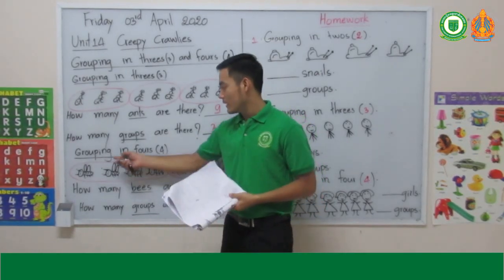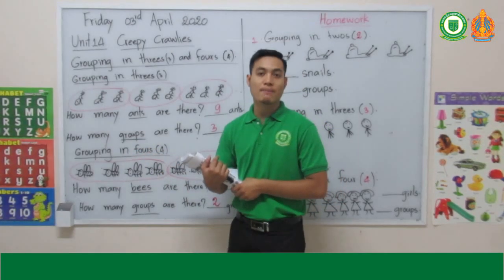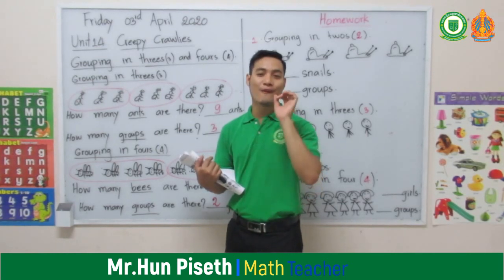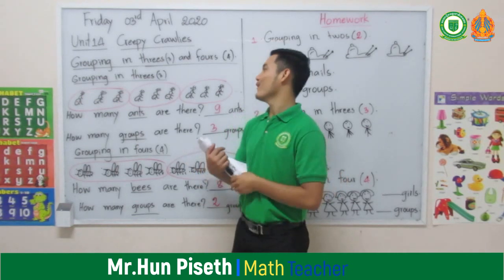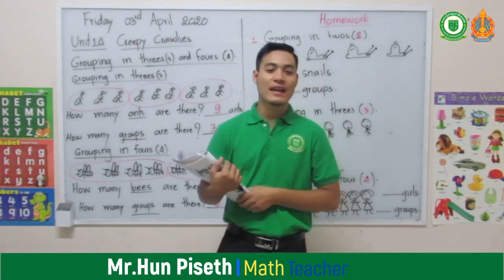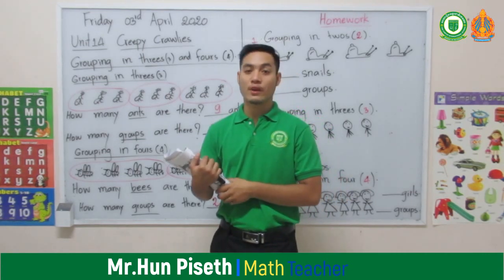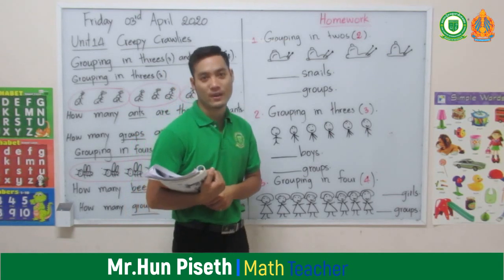And the last one is grouping in fours. It means that you need to group in many groups, but make sure that in one group there are only 4 things or 4 animals. So that's all for the lesson for today.